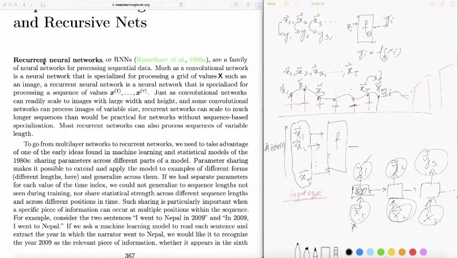If I use a simple dense neural network or the convolutional neural networks that we have studied so far, one of the main problems is this: to predict Y1, I just need a neural network which takes X1 as an input, giving me Y1.